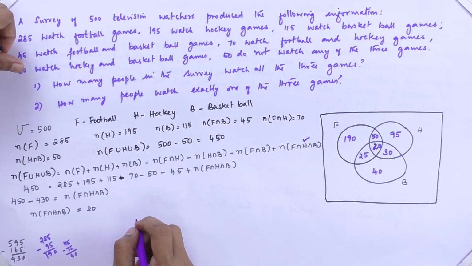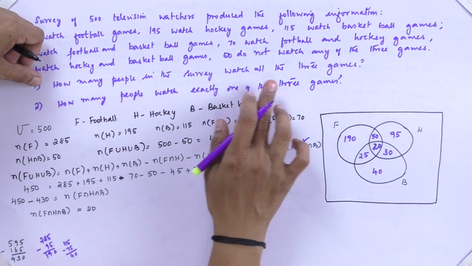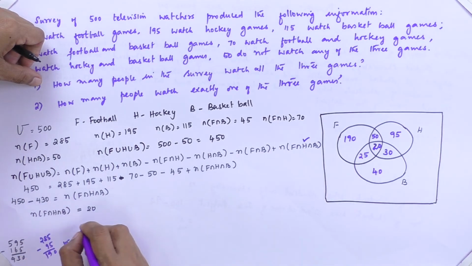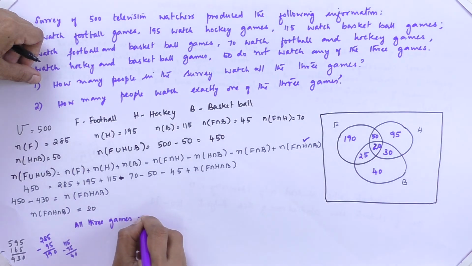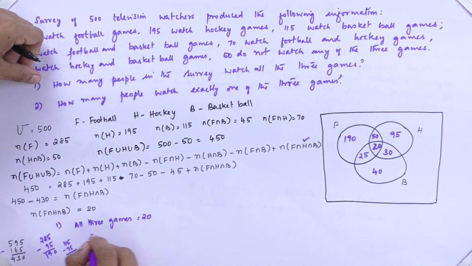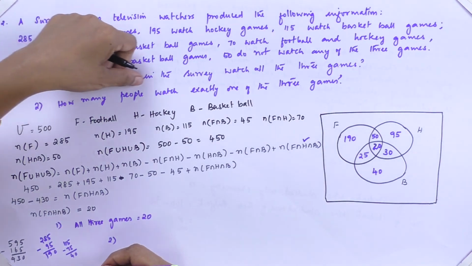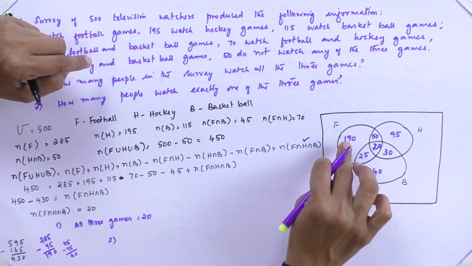Now the first subdivision asks how many people in the survey watch all the 3 games. The people watching all the 3 games is equal to 20. This is my first subdivision answer. And the second subdivision asks how many people watch exactly one of the 3 games.